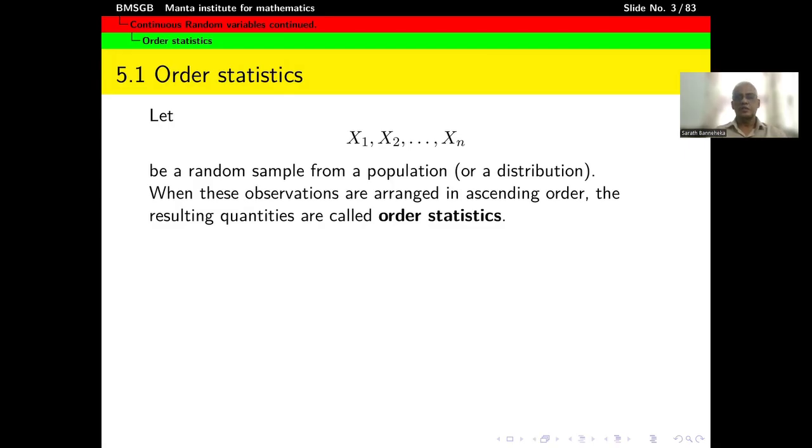Statistic is a known function of observable random variables. So when you say x1 up to xn here, we are considering some observable random variables, right? And then minimum is a known function, maximum is a known function. So these new functions, minimum of x1 up to xn, second minimum, third minimum, and up to the maximum, all are statistics. They are called order statistics.